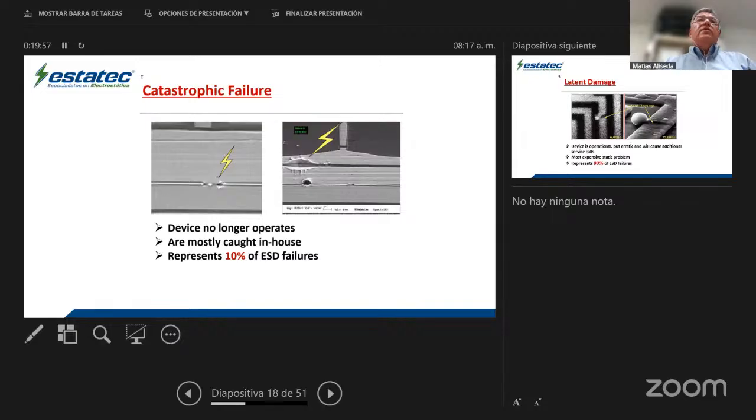We separate failures into types: the catastrophic one, that gets tested, and you see that your product is not working well, is not doing what it is supposed to do. So you know you have a failure inside your plant, in-house. But that is just 10% of the failures. What about the other 90%?